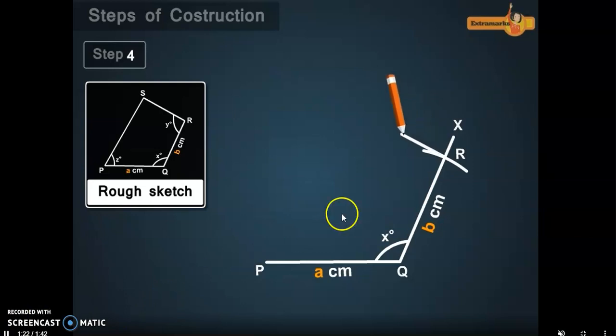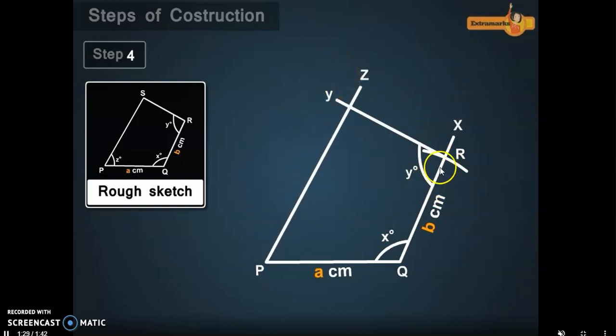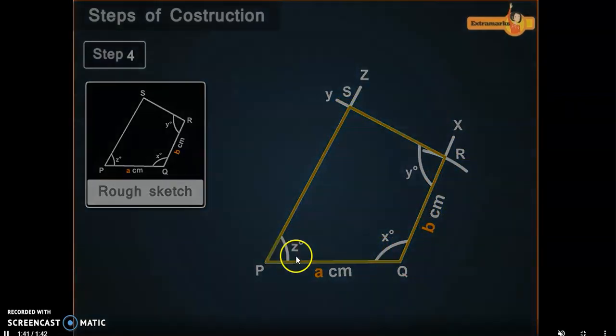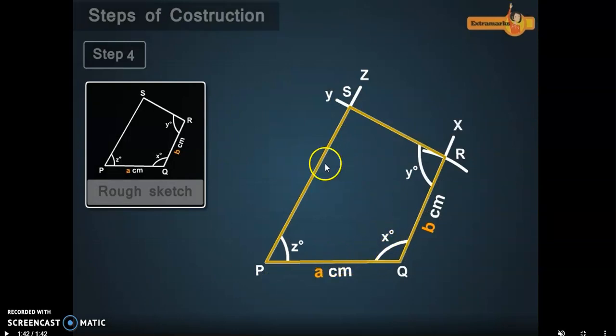Here they have drawn this angle at R. At this moment, you have to place a protractor at R and measure from this side 0, the line that coincides with this RQ. From this you have to start counting 0, 10, 20, 30, 40, like that. Here you will start counting from this side. Is it clear, my dear children? So we got the required quadrilateral PQRS.